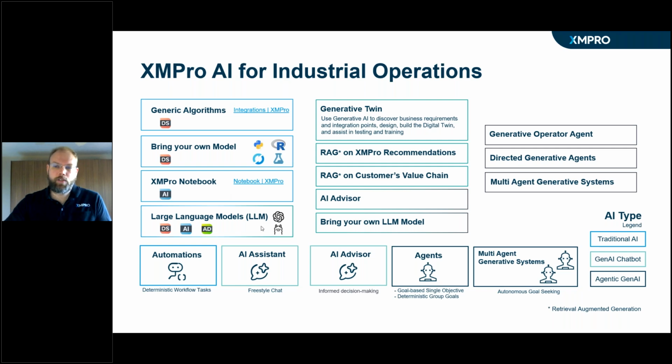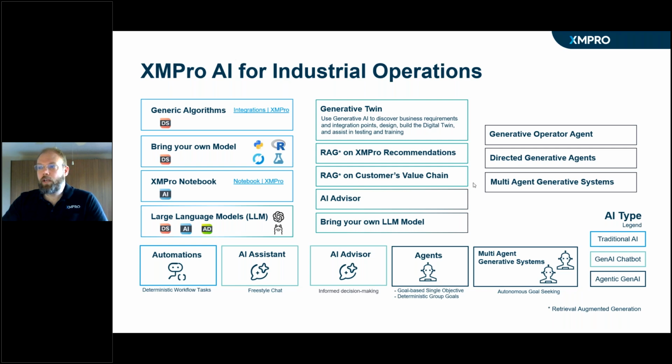This is where we start getting into some of the large language models. So there are agents, for instance Ollama to run it locally. There are some to run OpenAI, and that library is expanding as more models become available. On the far right, when we start dealing with the advisor side of things, how do we do that on top of XMPro recommendations?